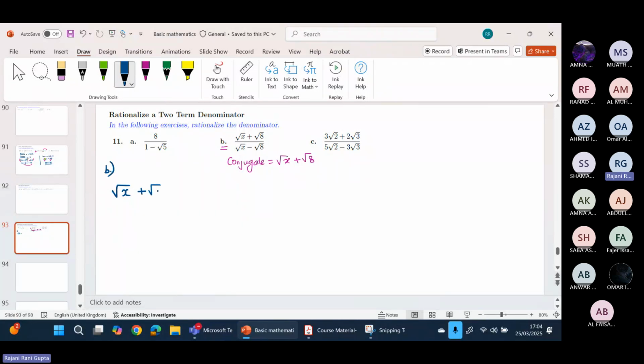Root x plus root 8 divide root x minus root 8. Multiply and divide by conjugate this thing. Root x plus root 8, root x plus root 8. Same. Always put brackets.